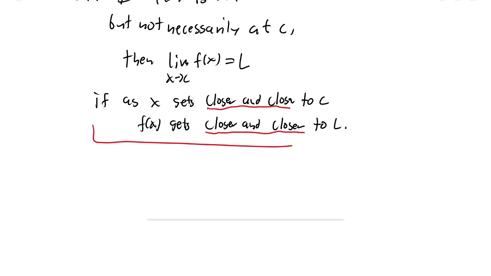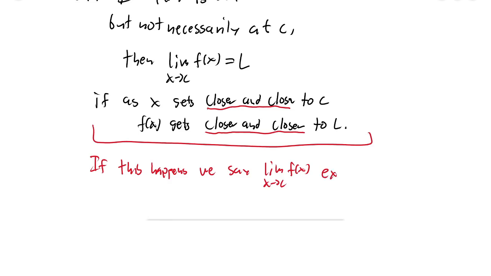So the idea is if this happens, and again, I'm being imprecise, we say that the limit of f of x as x approaches c exists, and then also we're going to say that it is equal to L. And a lot of math texts will make a distinction because, what does this equality actually mean?